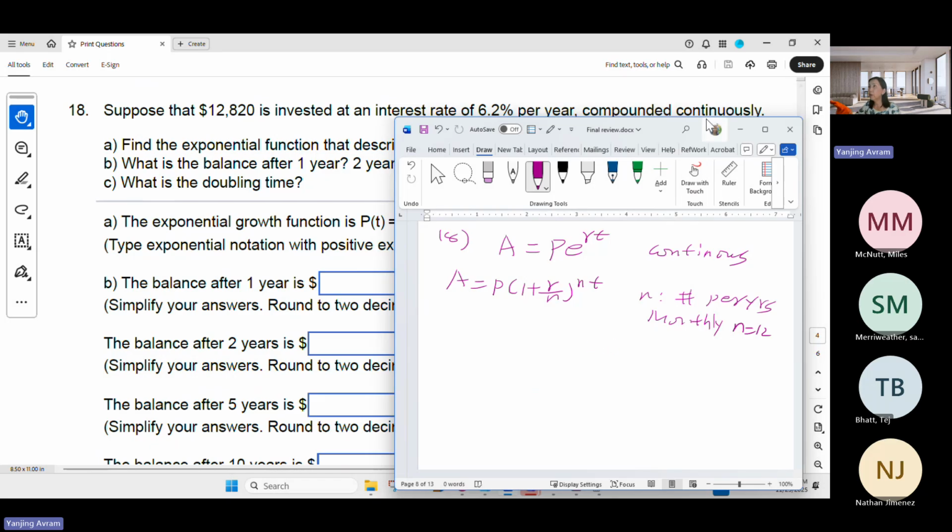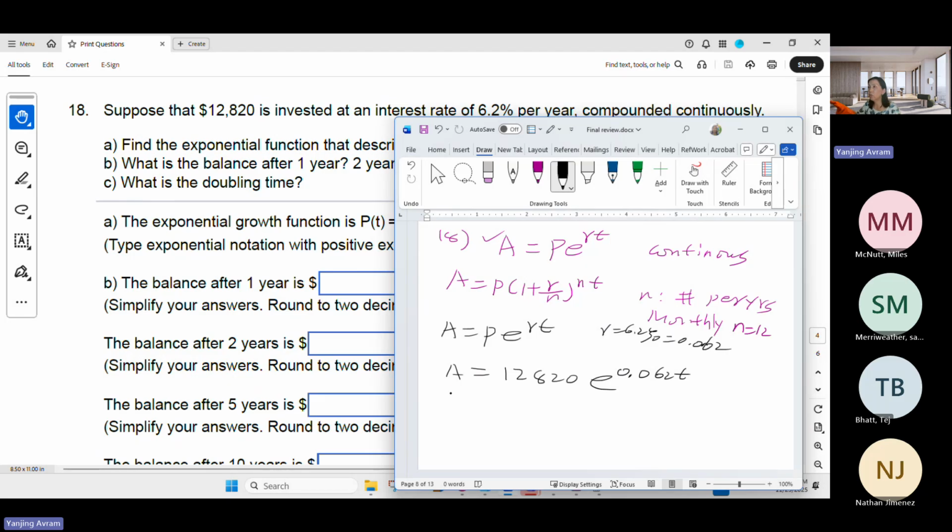So this one is compounded continuously, so you want to use this one. A equal to P e to the rt, that's compound continuously. Suppose you have $12,820 to invest, and the interest rate r here is 6.2%. You do need to convert it into decimal, so 0.062t.